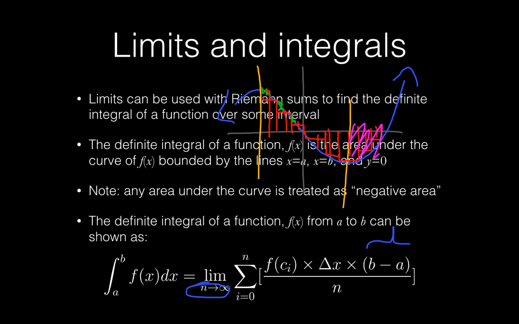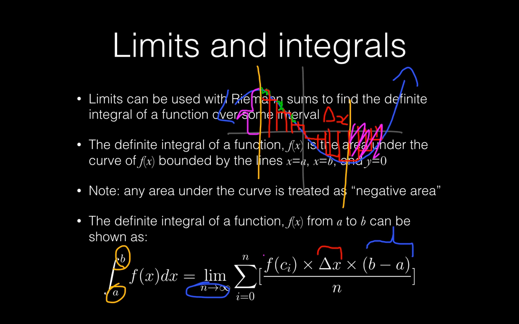B minus a, as we showed, is just the interval where we're taking the area of. Delta x is going to be the width of the rectangles. And f of c sub i is going to give us the height of the rectangles.